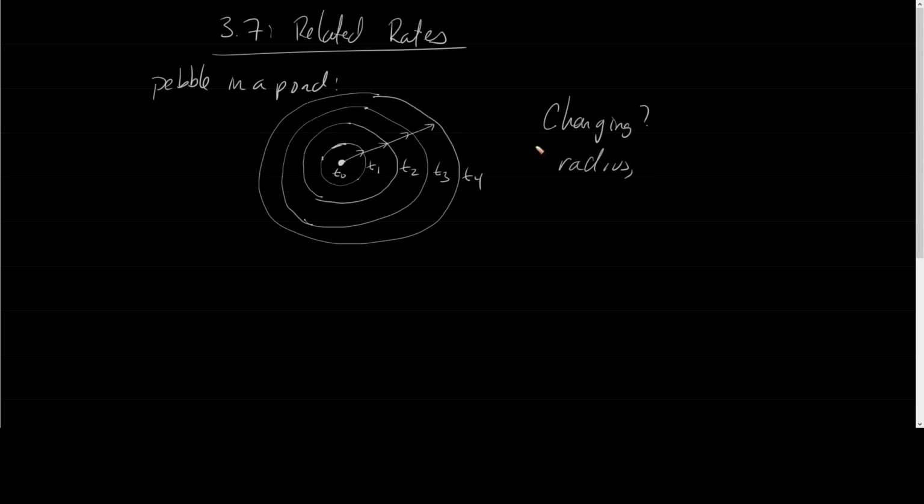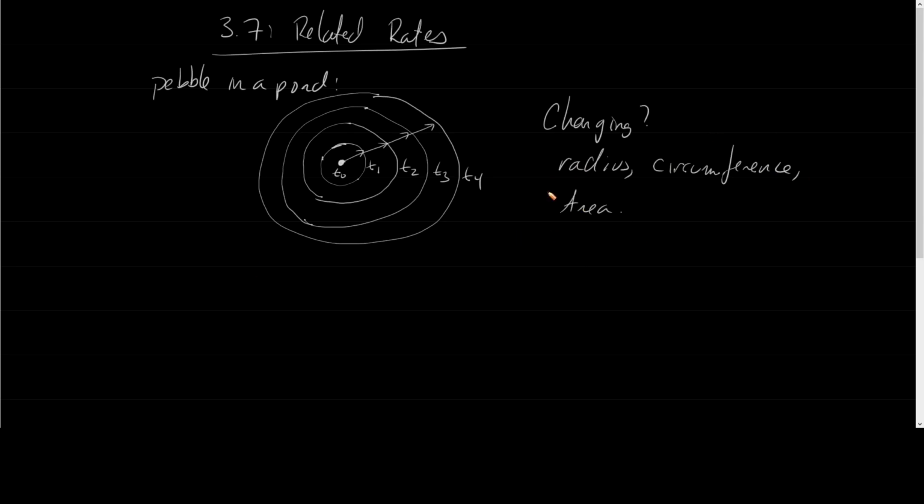Along with the radius, we can also say the diameter. But what else is changing? The circumference is changing, all these circles have different circumferences. And what else? The area is also changing. So all of these are changing.